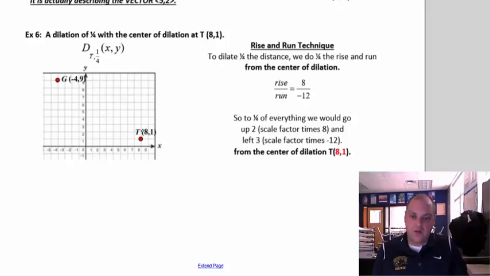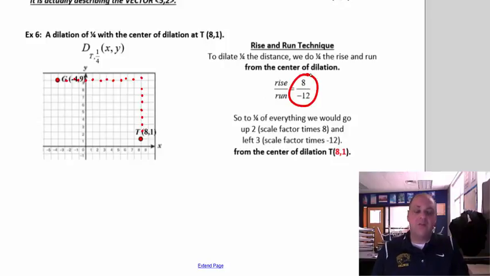So rise, 1, 2, 3, 4, 5, 6, 7, 8. And then over 1, 2, 3, 4, 5, 6, 7, 8, 9, 10, 11, 12. So it's 8 over -12. It's up 8, 12 to the left, okay?